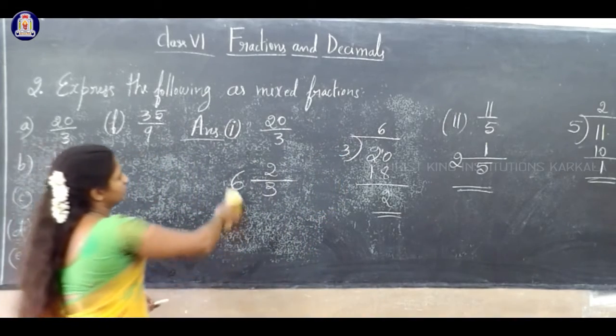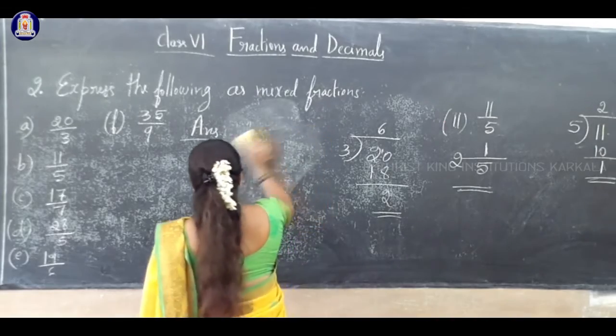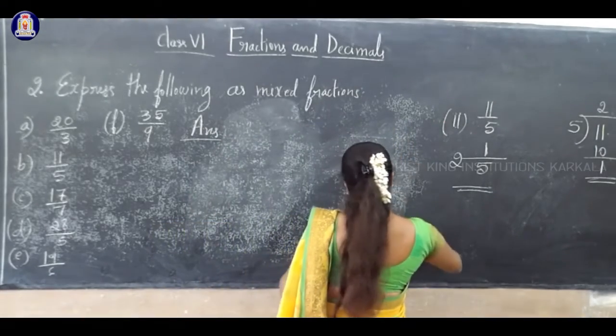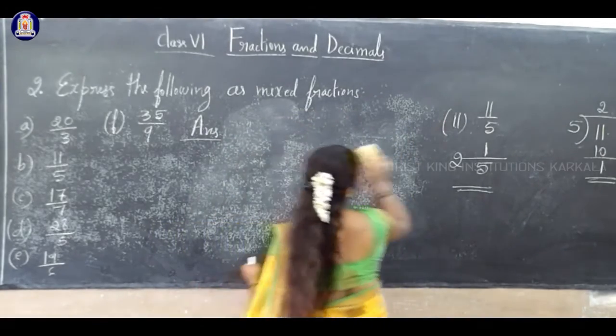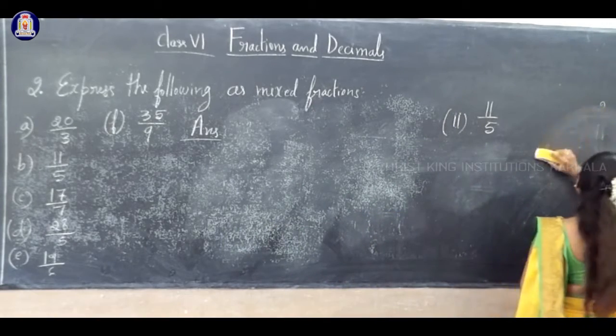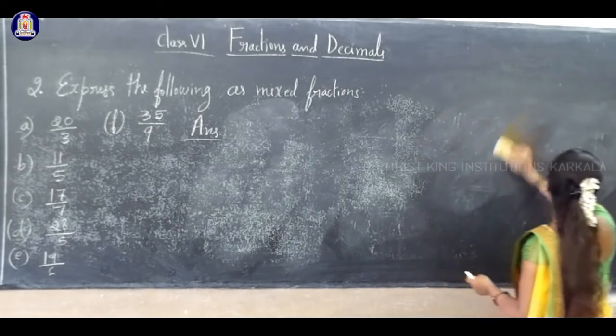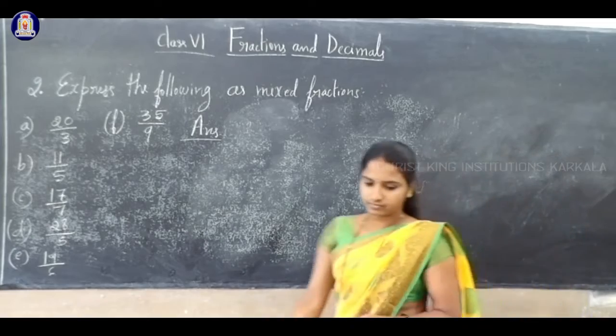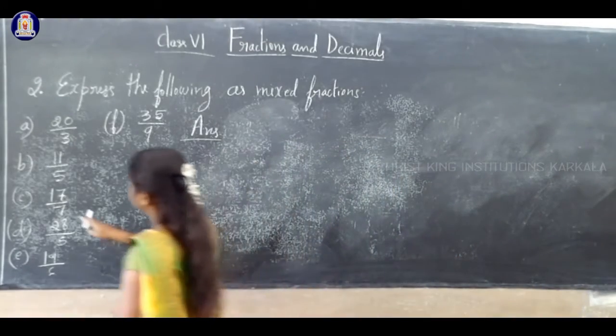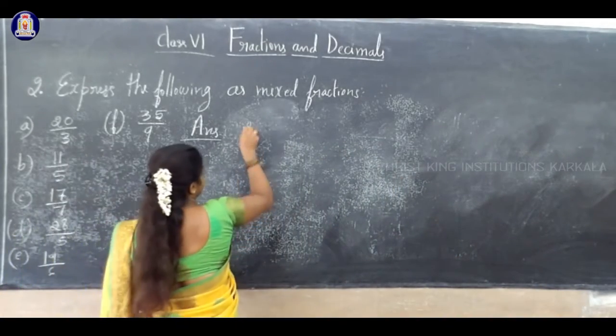Now we will solve the third question, which is 17 by 7.